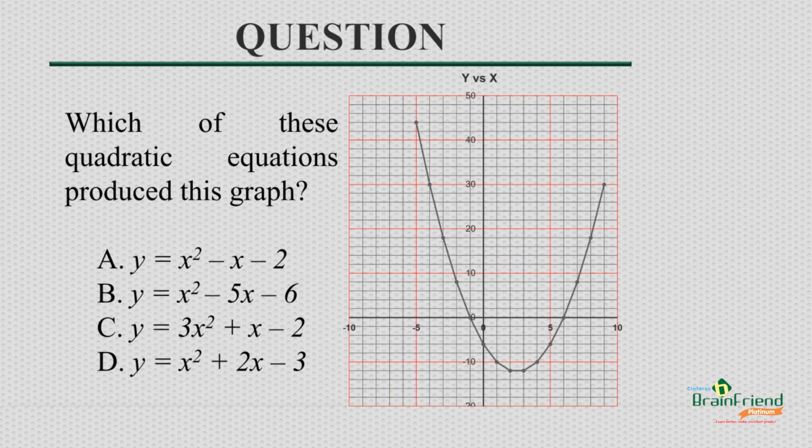Question 2. Which of these quadratic equations produced this graph? Option A is y equal to x squared minus x minus 2. Option B, y is equal to x squared minus 5x minus 6. Option C, y is equal to 3x squared plus x minus 2. Option D, y is equal to x squared plus 2x minus 3.